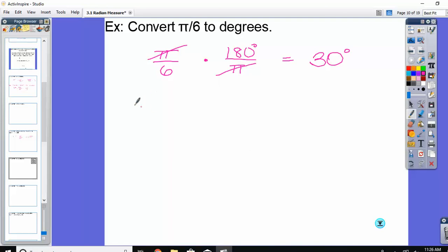Okay. I want you guys to do this one. What do you multiply by?